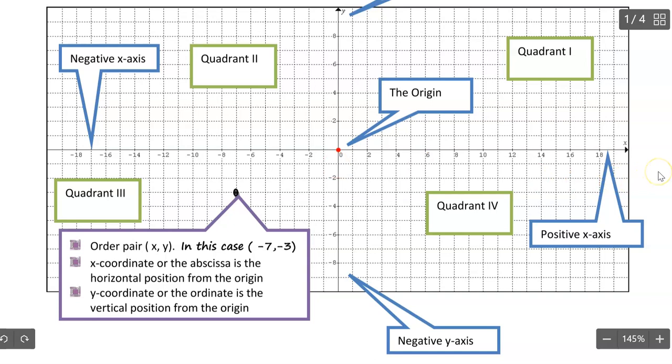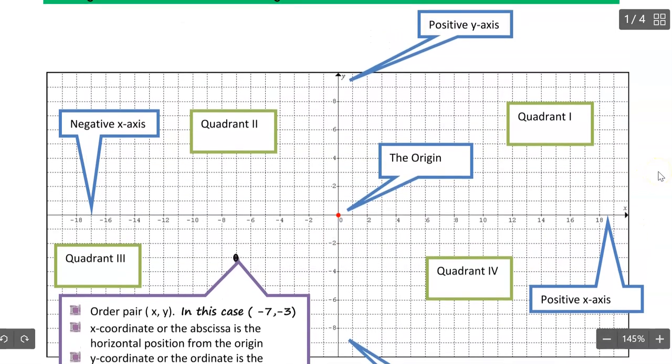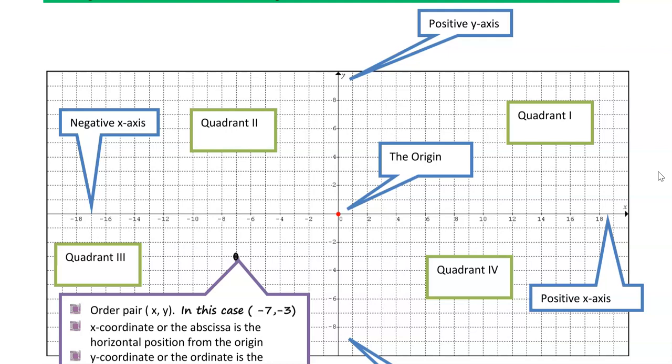Now, let's talk about the next term. We have the origin, we have the positive y-axis, we have the positive x-axis, and these two will make up quadrant 1. Quadrant 1 represents the positive x-axis and the positive y-axis, in the way that it divides the plane into 4 equal parts.